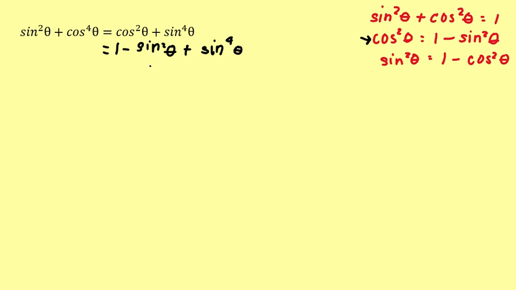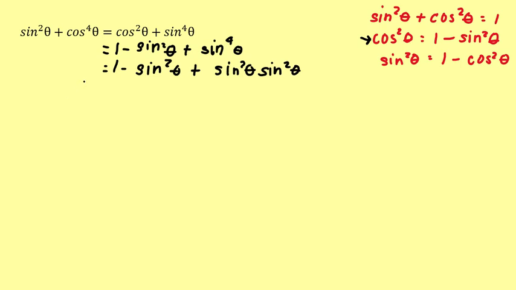The next thing we have to do: there's no sine squared here for the fourth power, so we can break sine to the fourth theta down. We copy this, sine squared theta plus sine squared theta times sine squared theta.